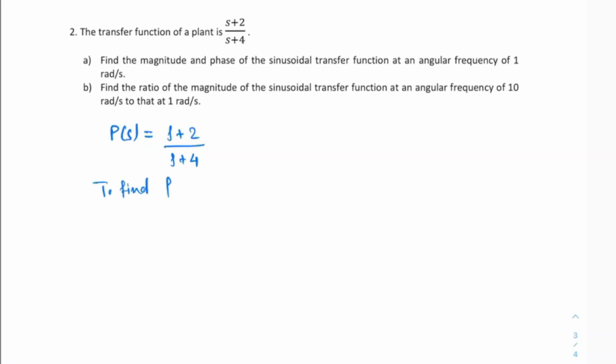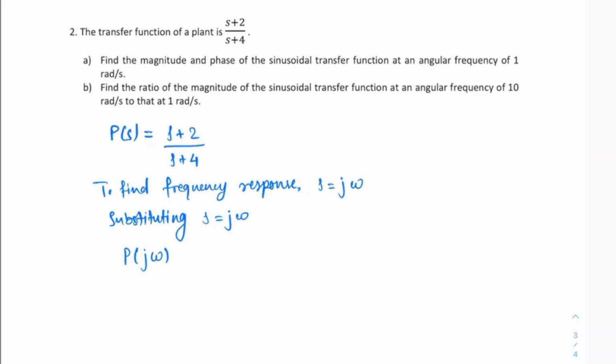To find the frequency response, we take s equal to j omega. Alright, so substituting s equals j omega, we get P(j omega).